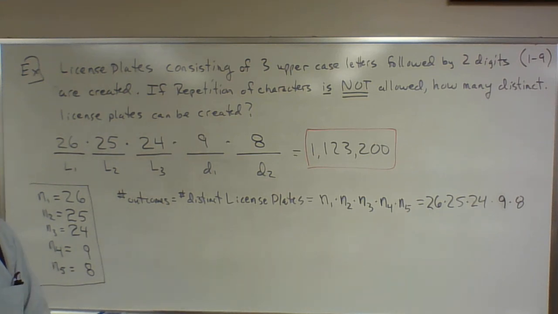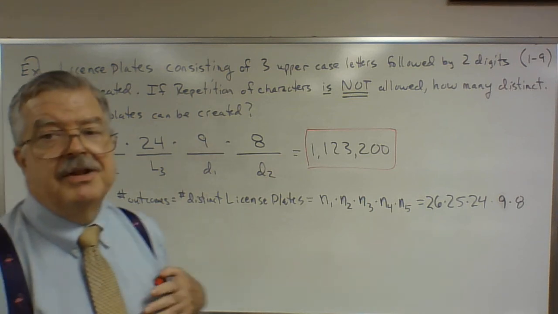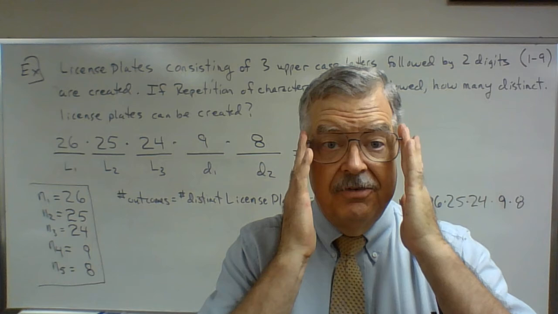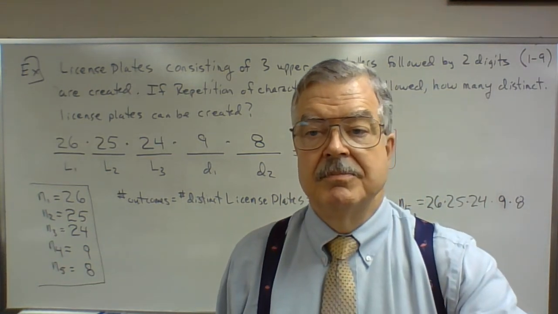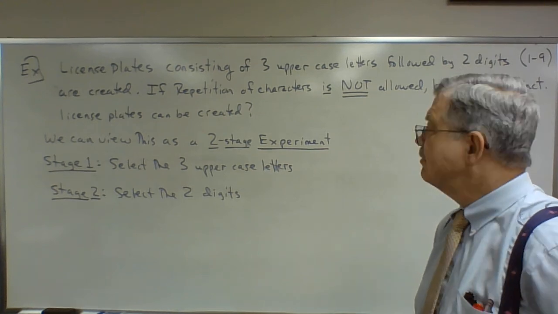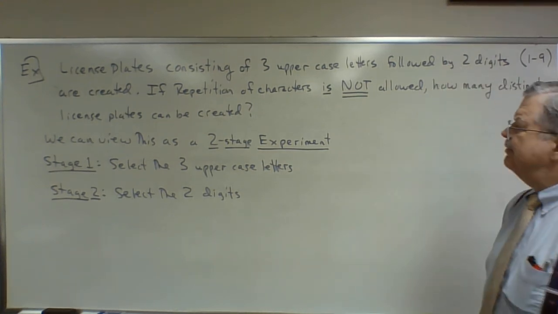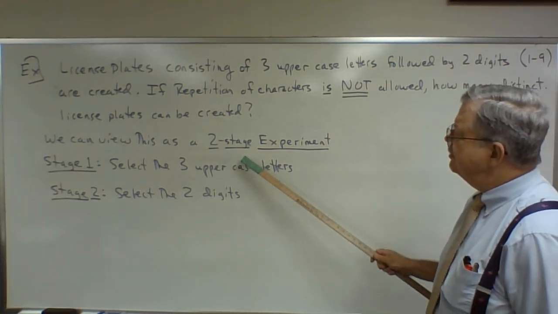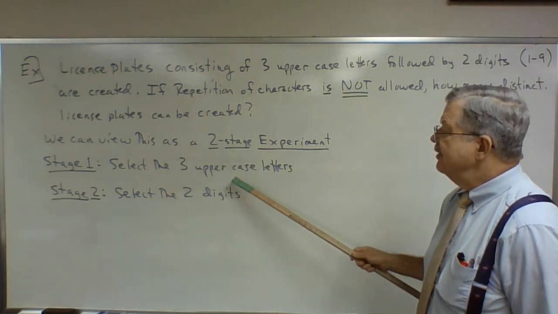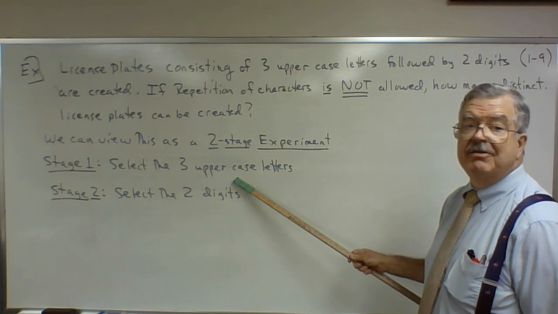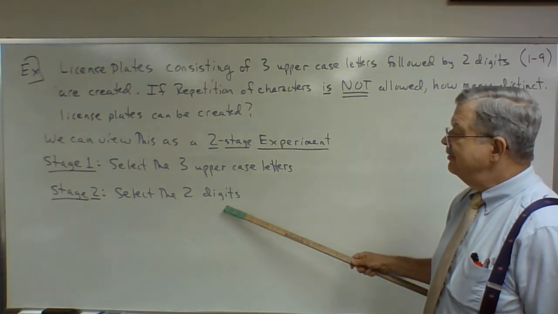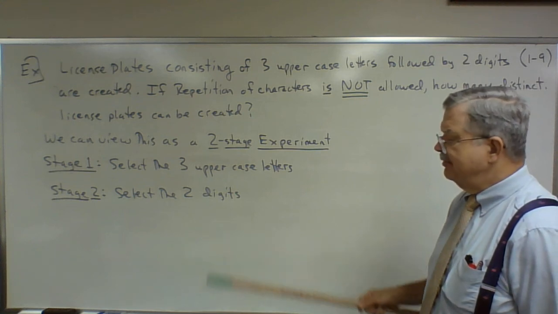Remember that number. Let's do this in a different way, okay? Same exercise, but we're going to do it differently. We can view this as a 2-stage experiment. The first stage is that we select the 3 uppercase letters. And the second stage is that we select the 2 digits.